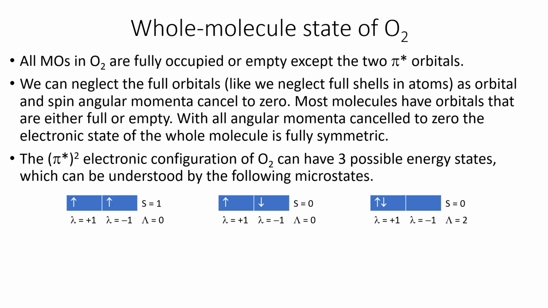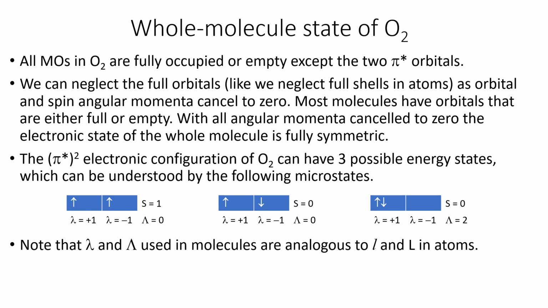What's more interesting perhaps is at the lower level, and so you can see we've got these two Greek lambdas. We've got the lowercase lambda, plus or minus 1, under each orbital, and we've also got the capital Greek lambda on the right. And this is interesting because this actually corresponds to what we see in atoms with lowercase l and capital L. So you've met lowercase l before as the subshell quantum number.